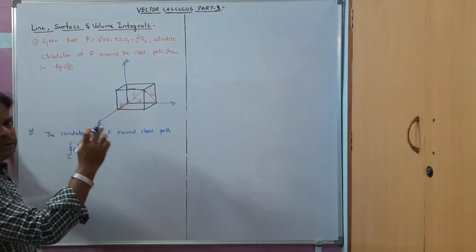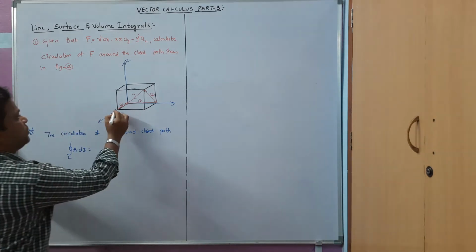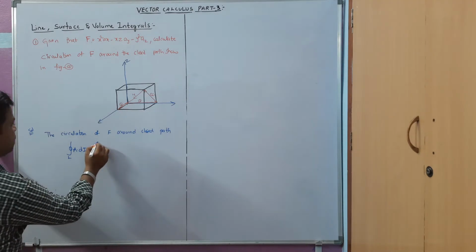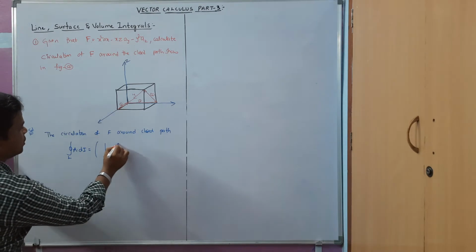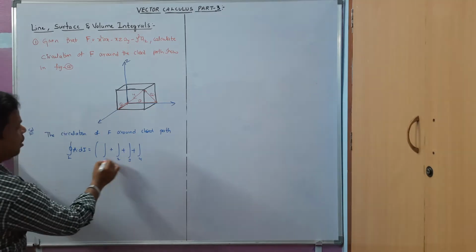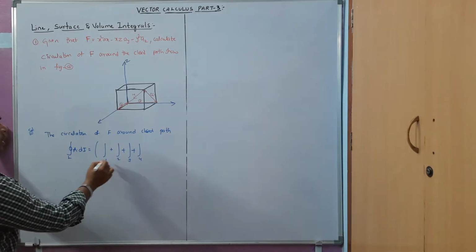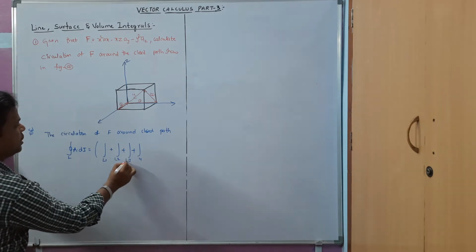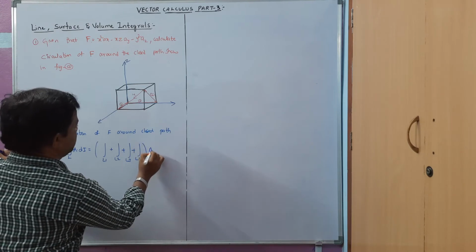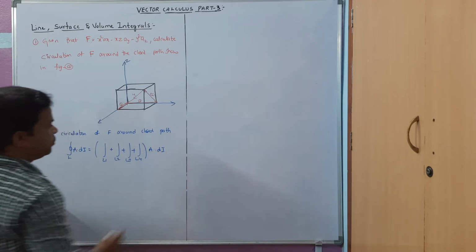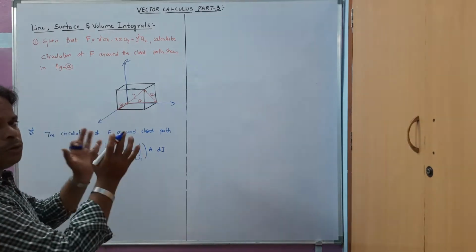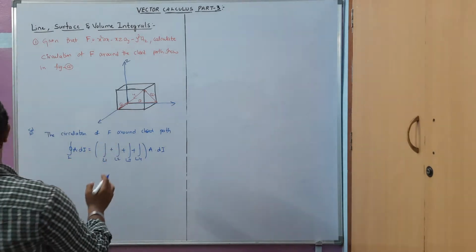So we have to break it into 4 line integrals, that is 1, 2, 3 and 4. So we take the first integral plus the 2nd integral plus the 3rd integral plus the 4th integral. All these are line integrals here, L1, L2, L3, L4. We are breaking a closed loop or contour into 4 line integrals separately.